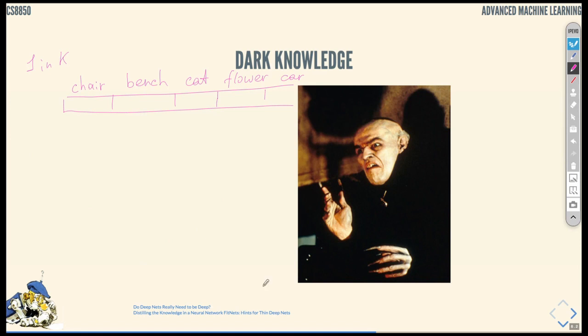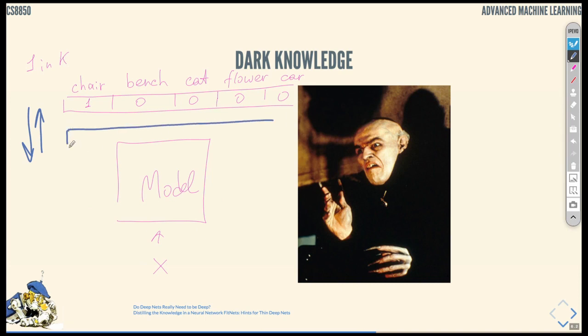Imagine you want to train a model to recognize this particular input, let it be chair. The model works super hard through backprop, back and forth, training with different inputs, different labels, different targets, and eventually it learns some regularities in the layer before softmax.